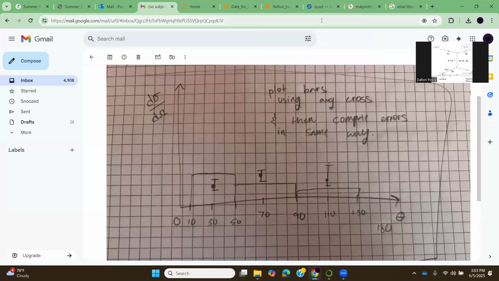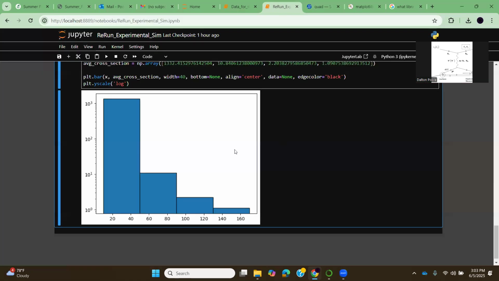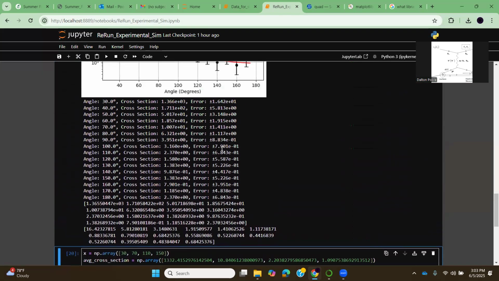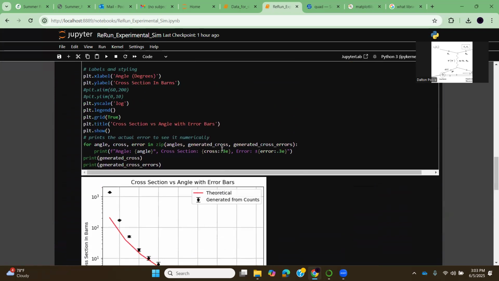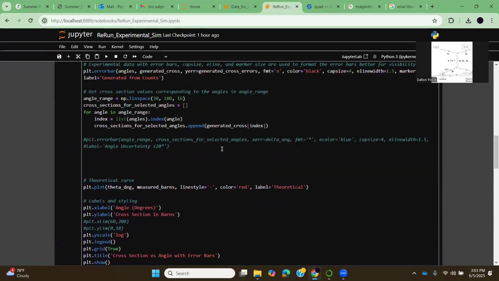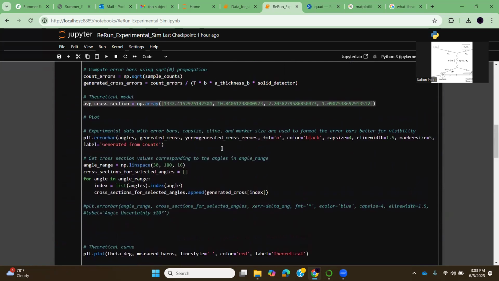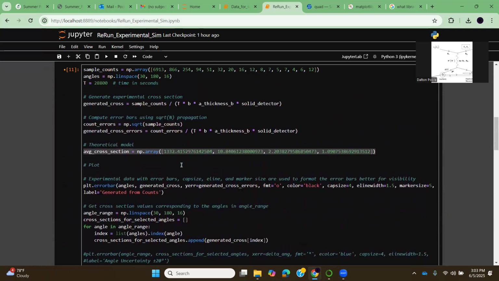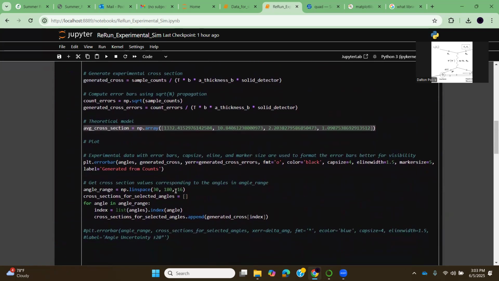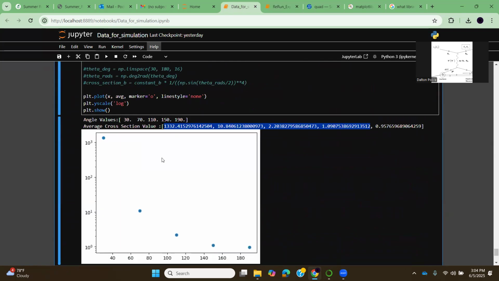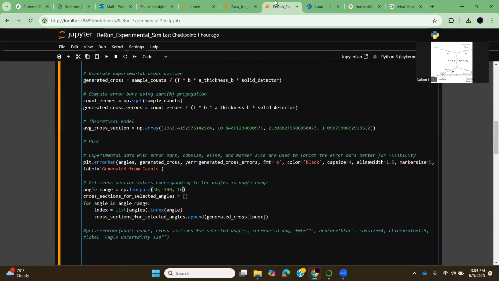Okay, so now what I need to do is tweak these here. So what I need to do is go from 30 to 190. And what was it? Cuts of five.